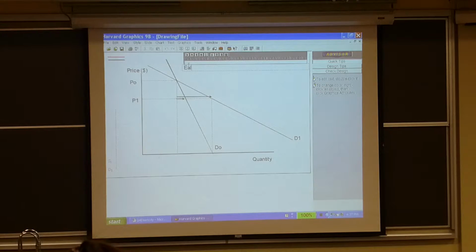Elasticity is equal to, and I'm missing something, I want to say it's the responsiveness of quantity. It could be quantity supplied, it could be quantity demanded, whatever. From now we're going to worry about quantity demanded. It turns out to be more interesting. Change in price, right?